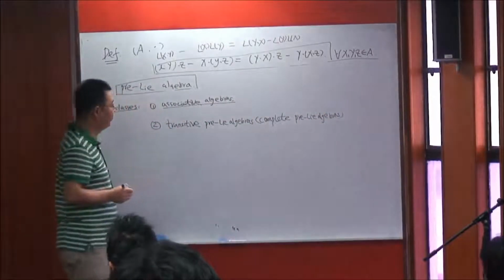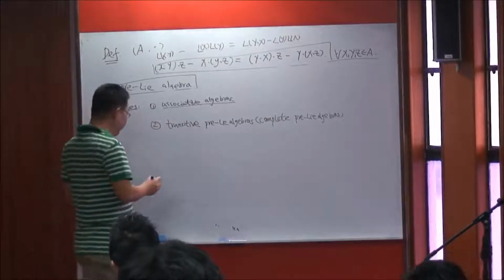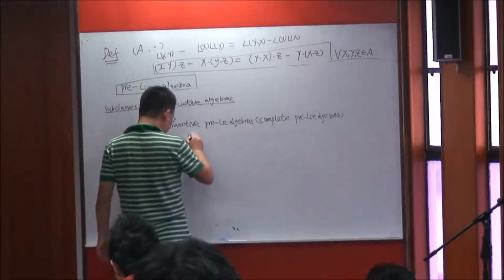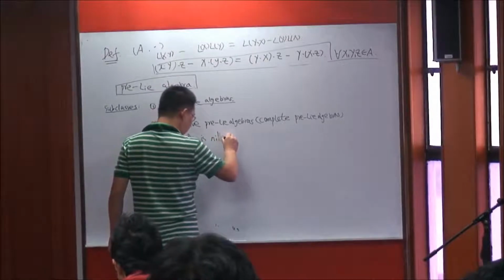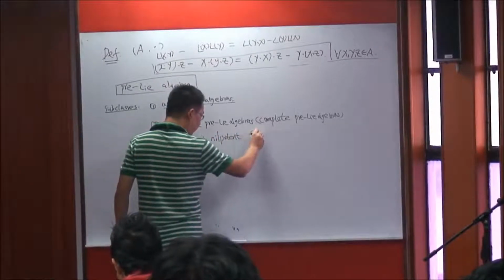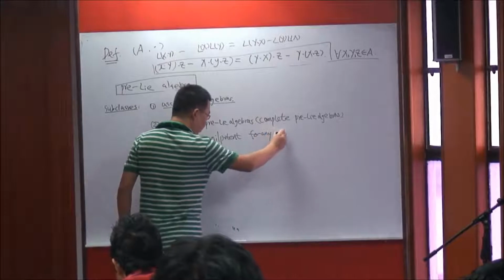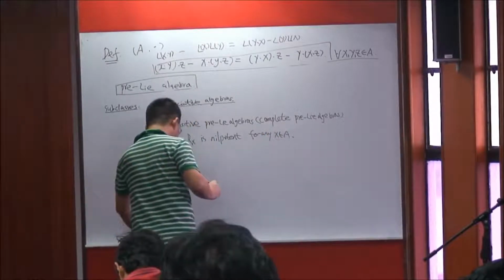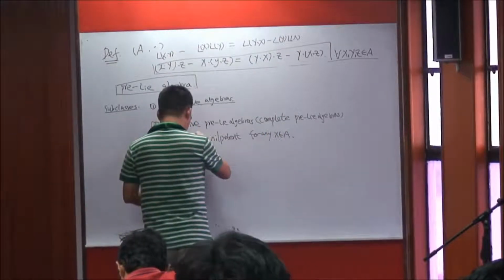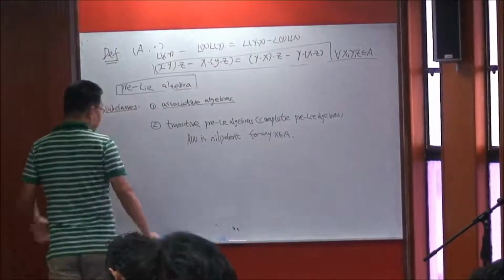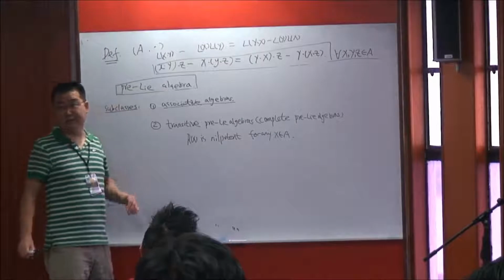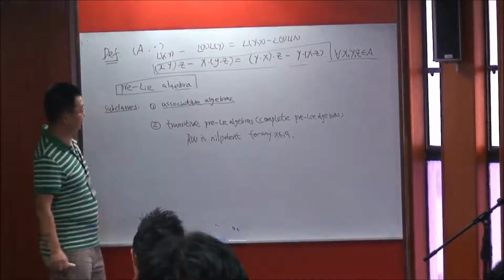It's a kind of pre-Lie algebra satisfying another additional condition: Rx is invertible for any x. This class is very important in geometry.